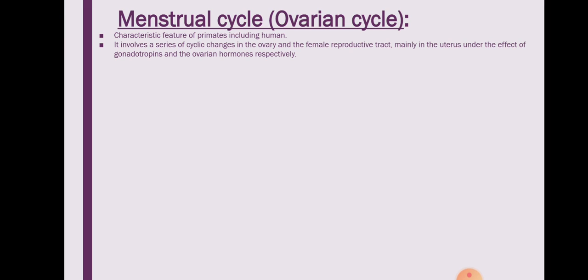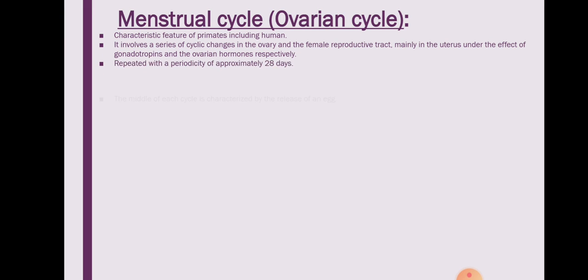Next, we move on to the menstrual cycle or ovarian cycle in females. Let us see how cyclic changes occur in females and how she is able to produce the female gamete. It is a characteristic feature of primates, including humans. It involves a series of cyclic changes in the ovary and female reproductive tract, mainly in the uterus.